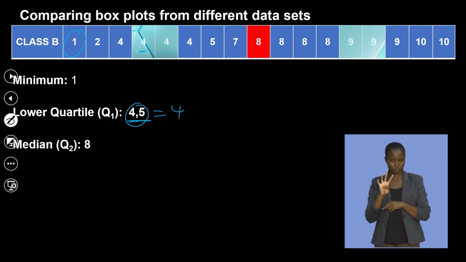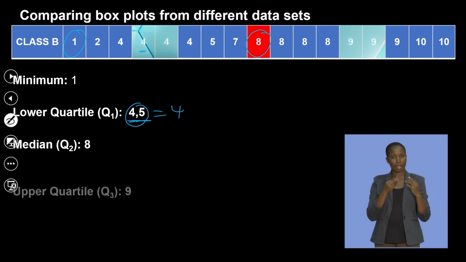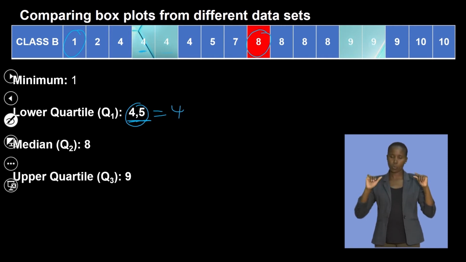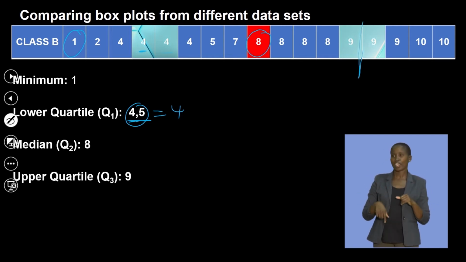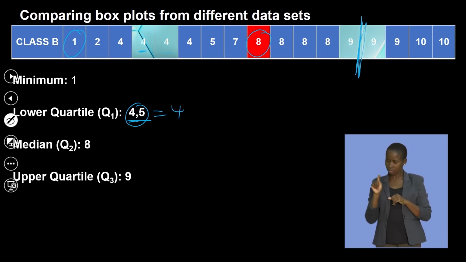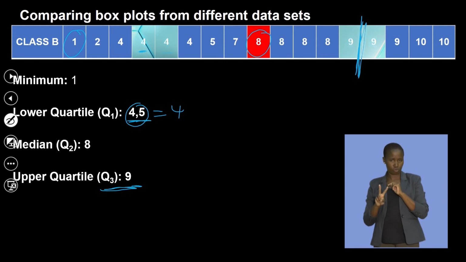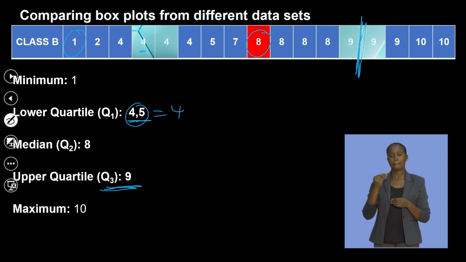Then the median, which is 8, is the middle number, arranging your data from the smallest to the highest. Then our upper quartile is between 9 and 9. So it's 9 plus 9 divided by 2, we get 9. Then the maximum value is 10.